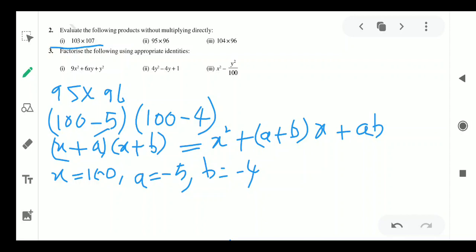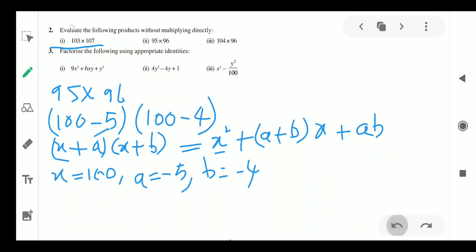Simply substitute x equal to 100, a equal to minus 5, b equal to minus 4, then you will get the answer. Students, I hope you understand. Next, you have to solve these few problems in your homework notebook, and you can send them in the WhatsApp group.